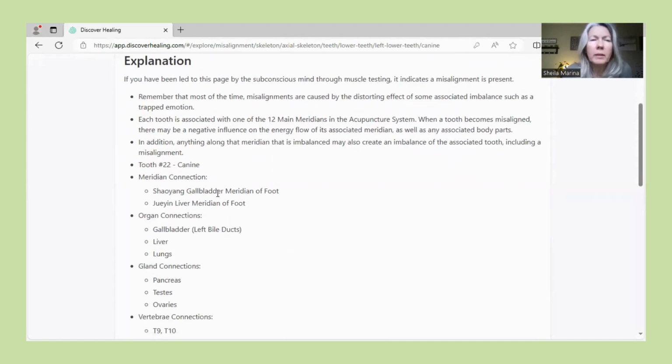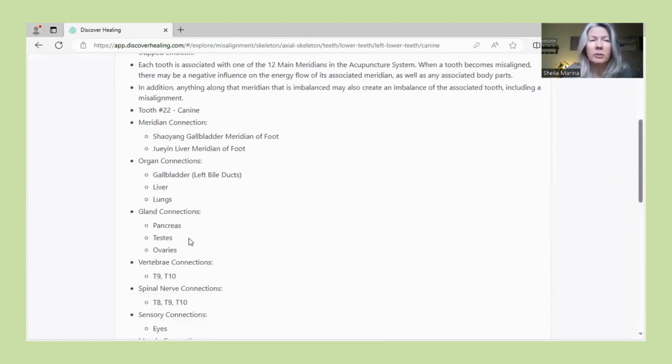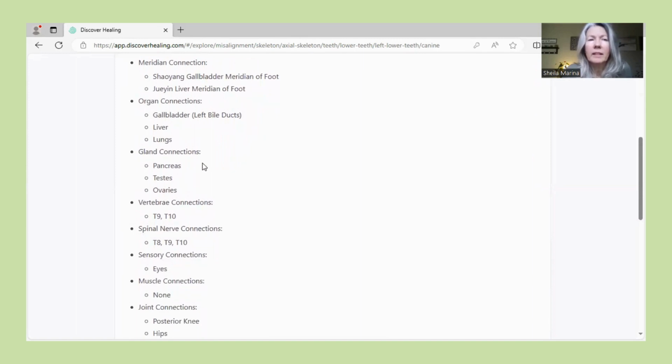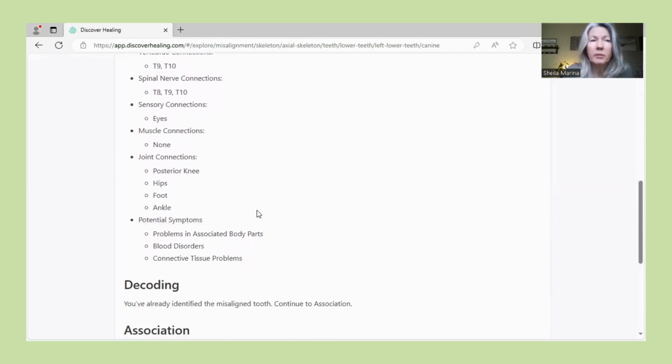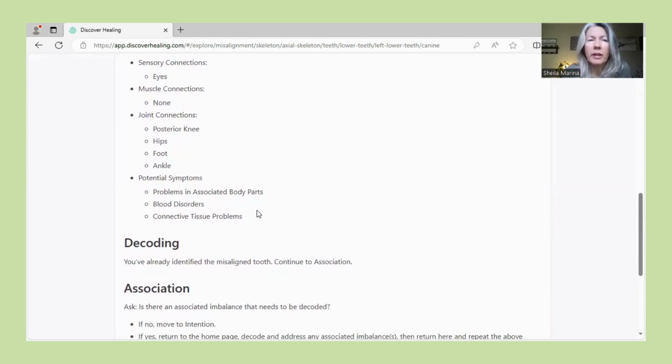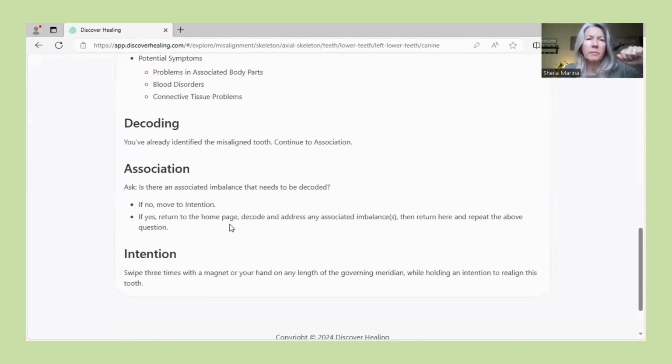So this is the gallbladder meridian and the liver meridian, which has to do obviously with the gallbladder, liver, also with the lungs. Gland connections are the pancreas and the testes. And there are some vertebral connections, some joint connections, the knee, the hip, foot or ankle. And some potential symptoms could be associated body part problems or tissue problems, connective tissue.